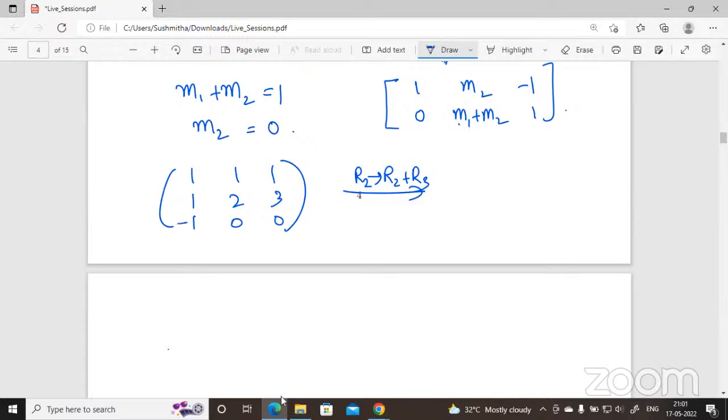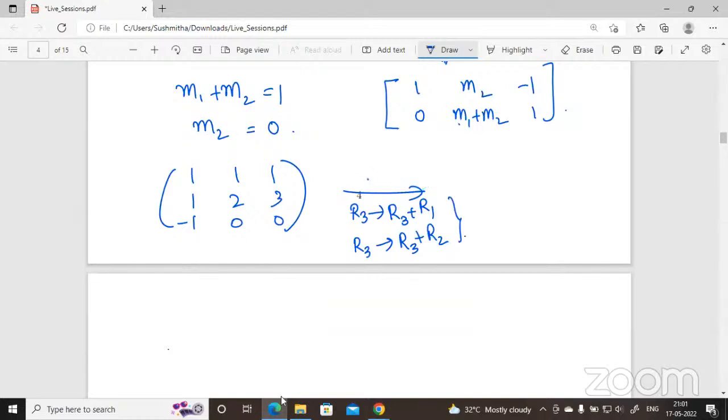So should only R2 change by R2 minus R1 or R3 minus R2, like that? Or R3 plus R1, or R1 minus R3, like that.